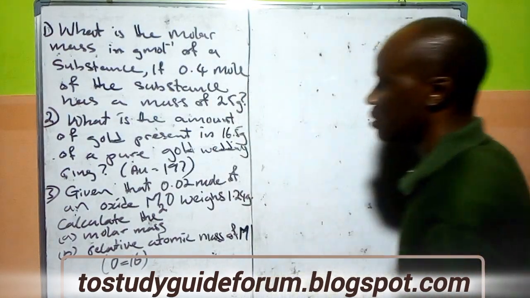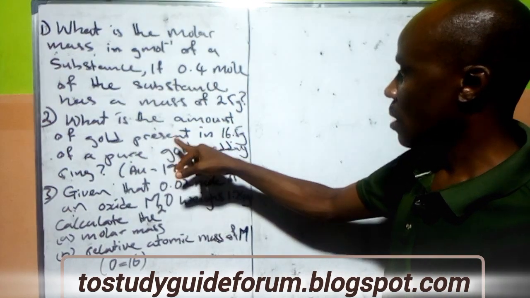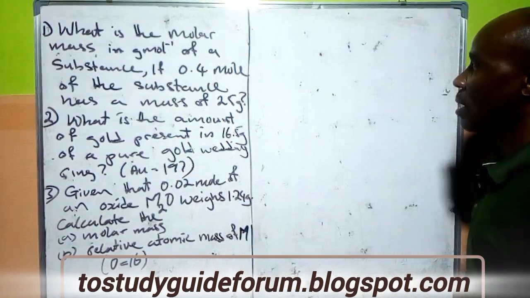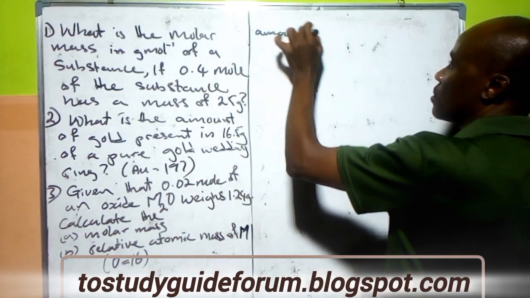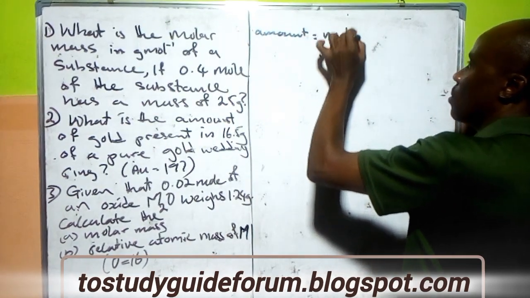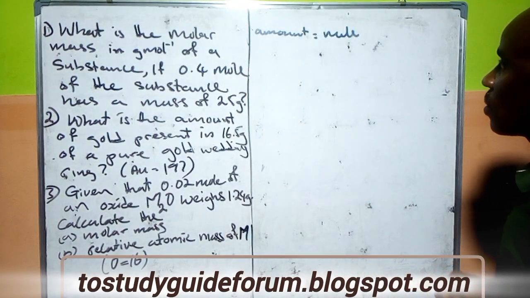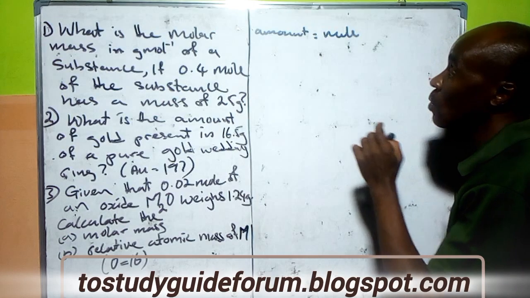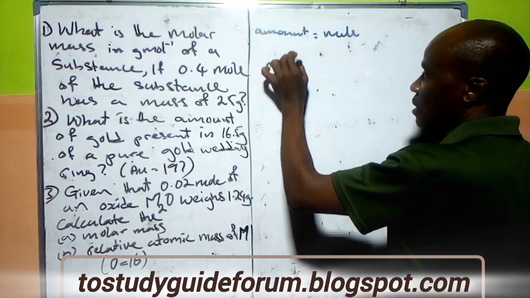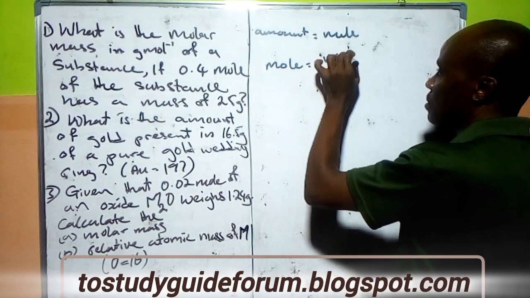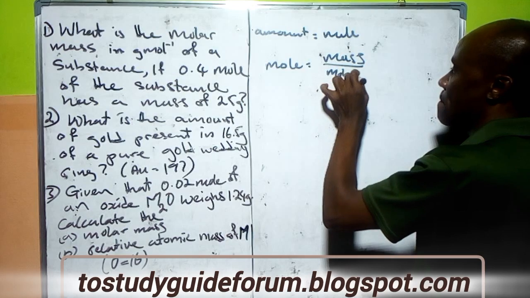We are talking about amounts, which is something as mole. So what we're going to do here, we know that mole is equal to mass over molar mass.